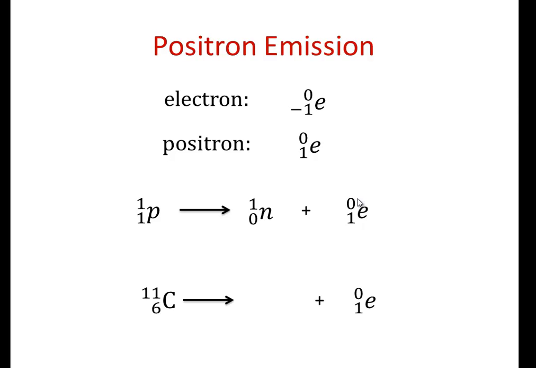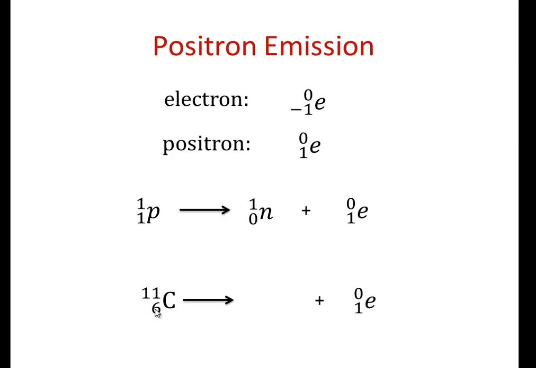Okay, so what's an example? Well, there is an isotope of carbon. We haven't talked about it much, but there's an isotope called carbon-11. It only has 5 neutrons and 6 protons. And when it undergoes positron emission, don't forget, one of these protons is going to now turn into a neutron. So the atomic number is going to go down by 1.